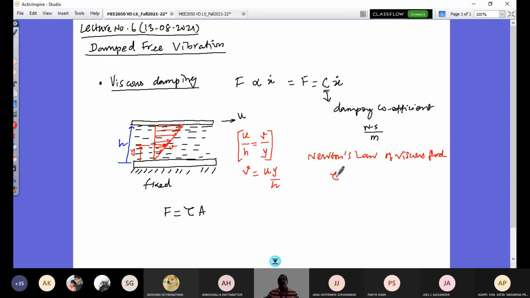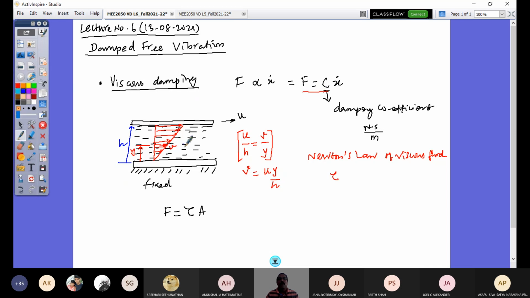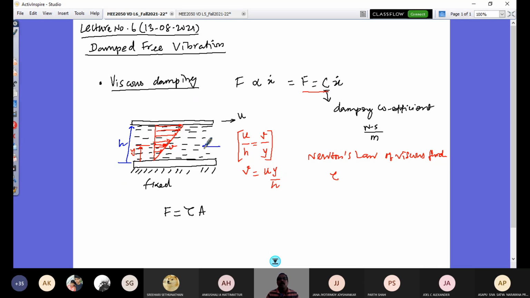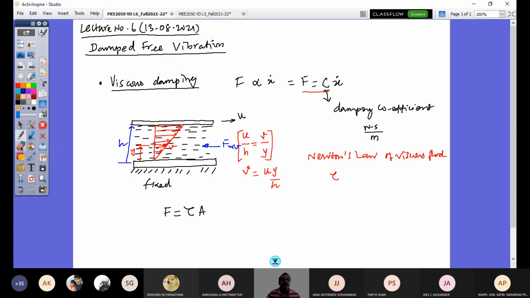See, the shear force, by the way, what we are interested in finding is the direction of the shear force at this point. It would be in this direction, opposite to this motion. So this is my shear force, and that would be given by the damping coefficient C into x dot, which is equal to C into small v. Just a minute, I'll write it clearly.